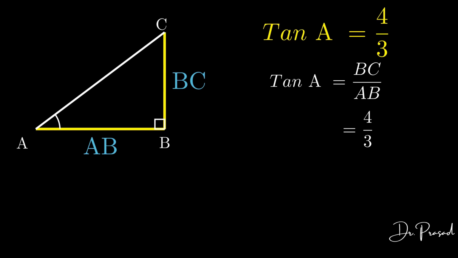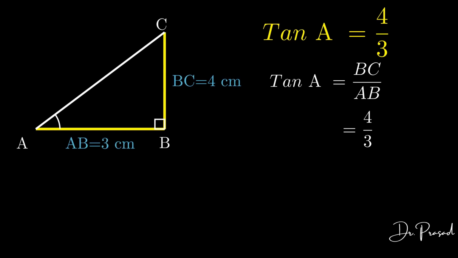This simply means if we take the length of the opposite side BC and divide it by the length of the adjacent side AB, then we get 4/3. Now you might think, okay, let's take BC is equal to 4 cm and AB is equal to 3 cm.